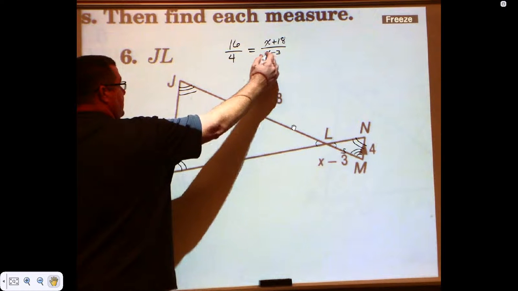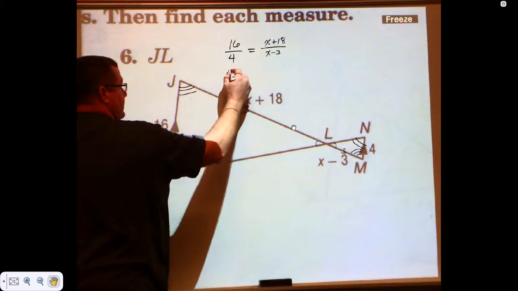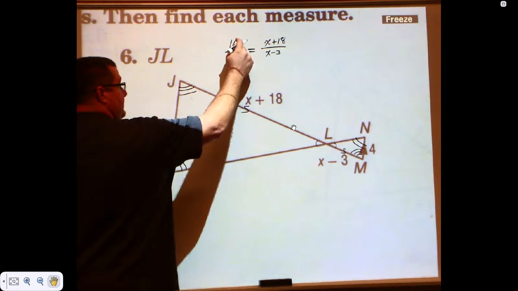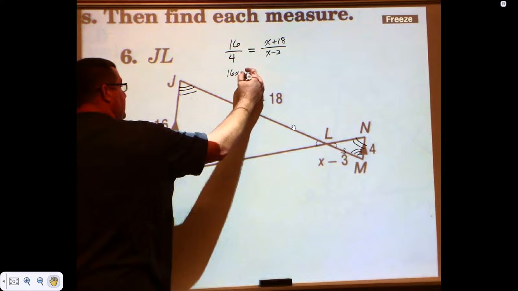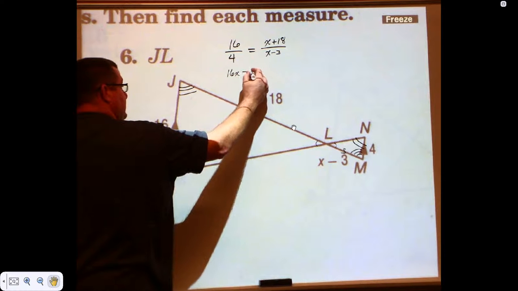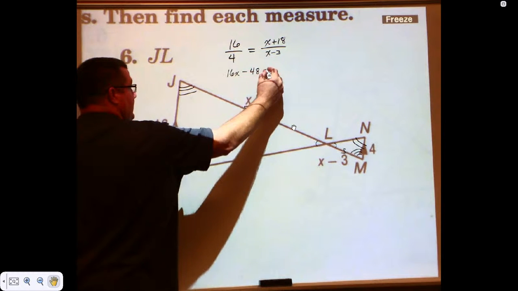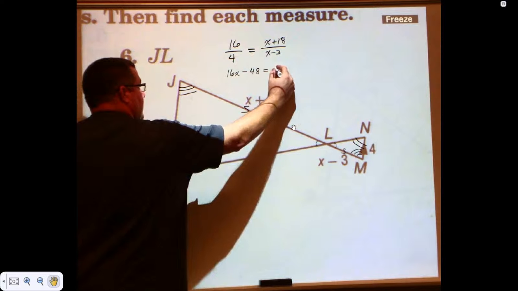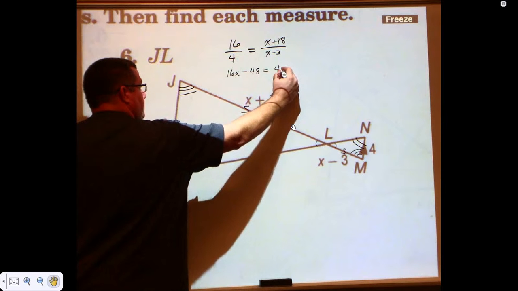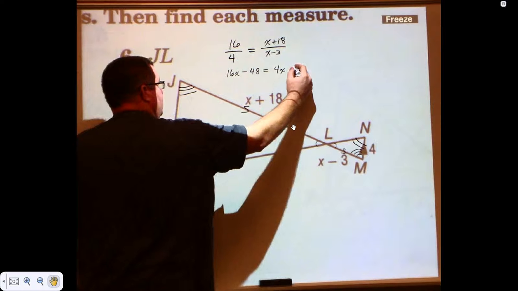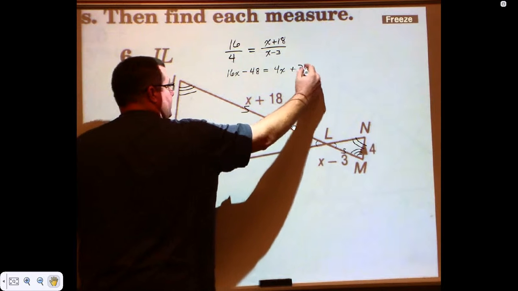Everything up here times everything down here, so this would be 16 times x, 16x, but also I have to do 16 times negative 3, which gives me a negative 48. Then 4 times x is 4x, and 4 times 18, so plus 72.